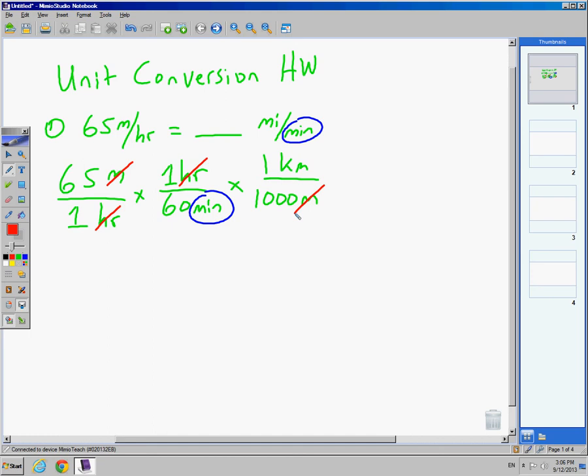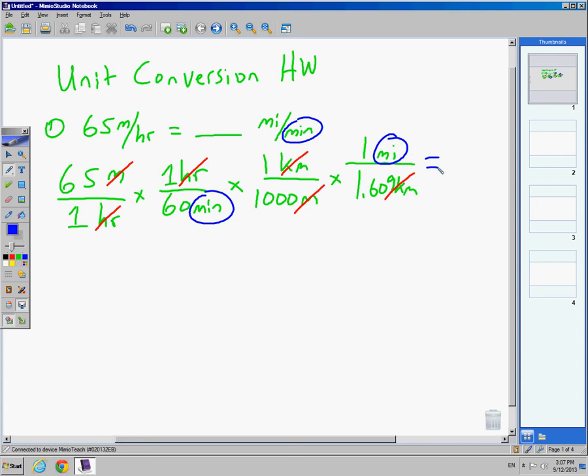So I need to do one more conversion, and I'm going to convert kilometers, which I know is going to be on the bottom. I'm going to choose this one: 1.609 kilometers on the bottom over 1 mile, and I'm going to cross off kilometers and realize that I'm left with miles, and do the math.